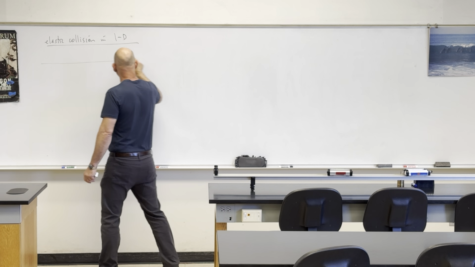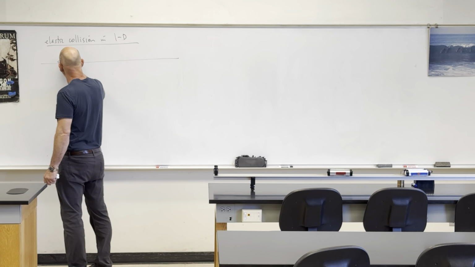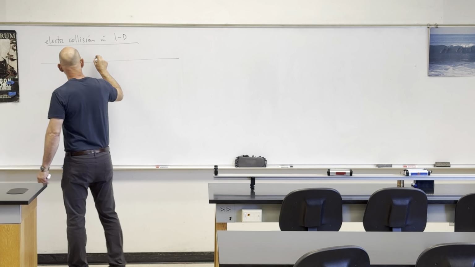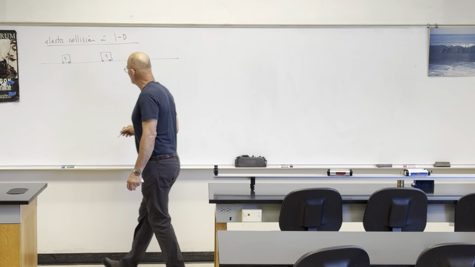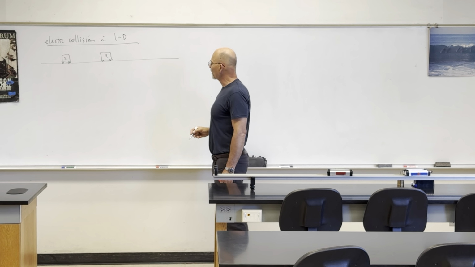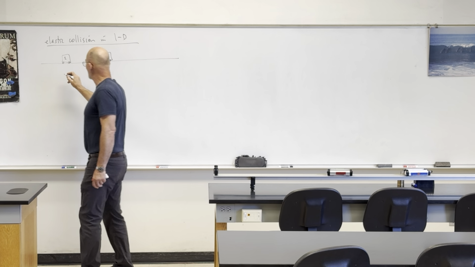Picture is that what we just had on the track there. M1, M2, and they're going to collide, and they both can be moving. We're not just starting with one at rest, but we're starting with the full equation.